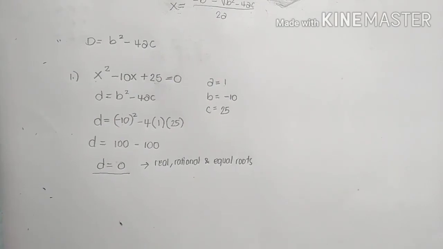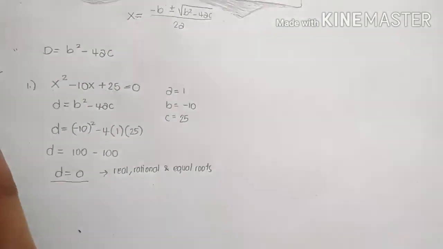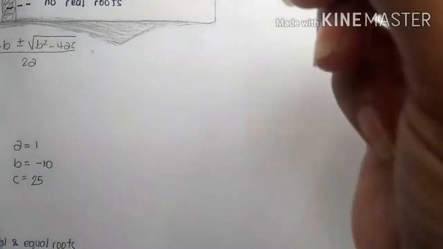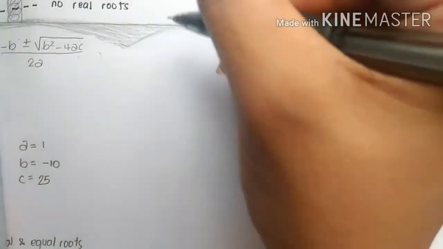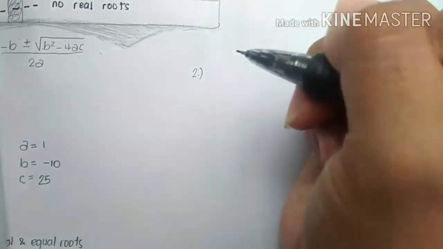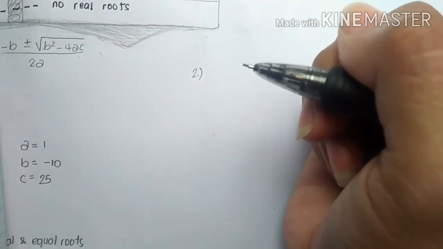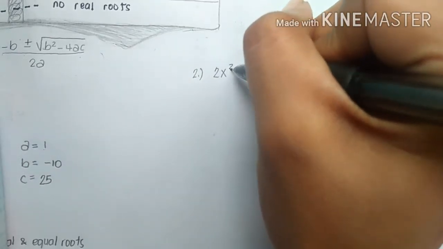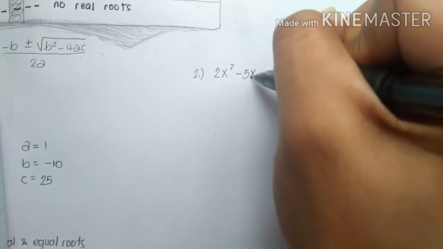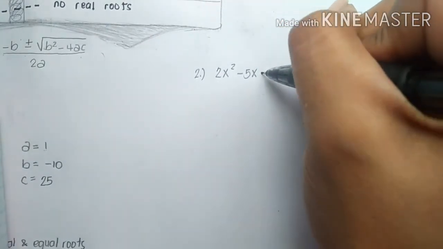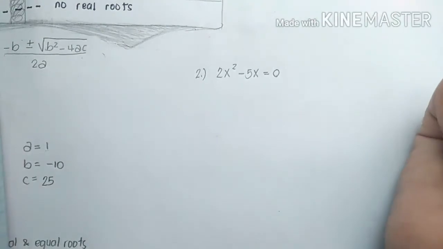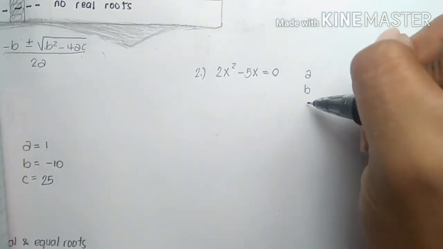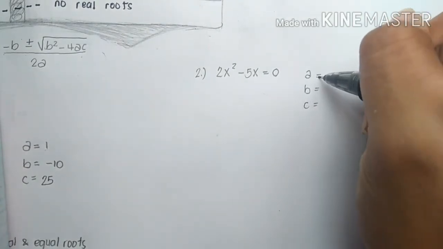So let's have another example. Number 2: 2x squared minus 5x is equal to 0. Again, first step, identify your A, B, and C. What is your A?